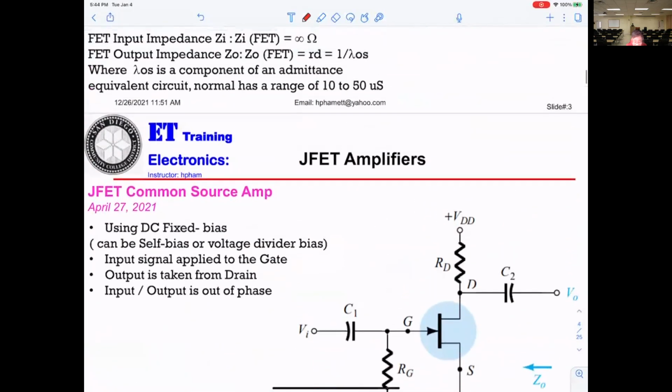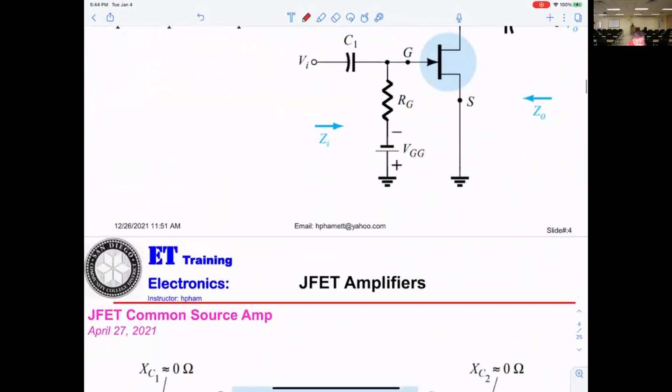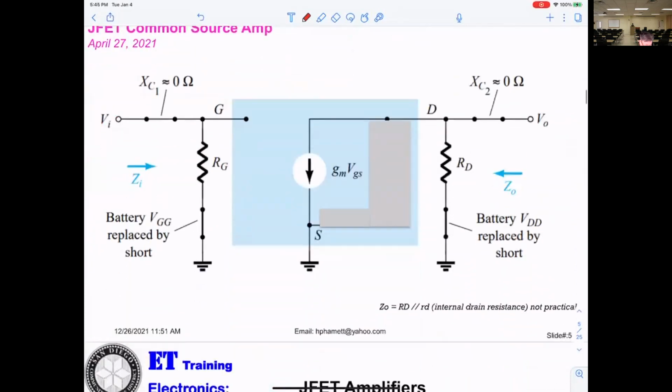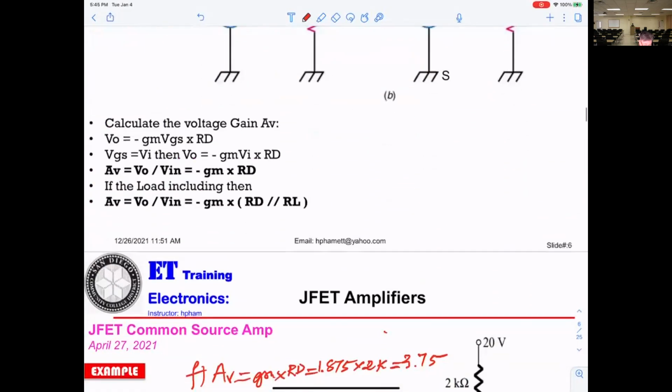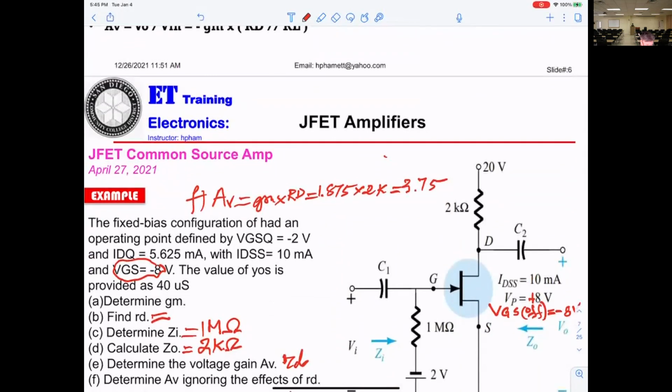It will be 1 over YOF, and YOS right here.